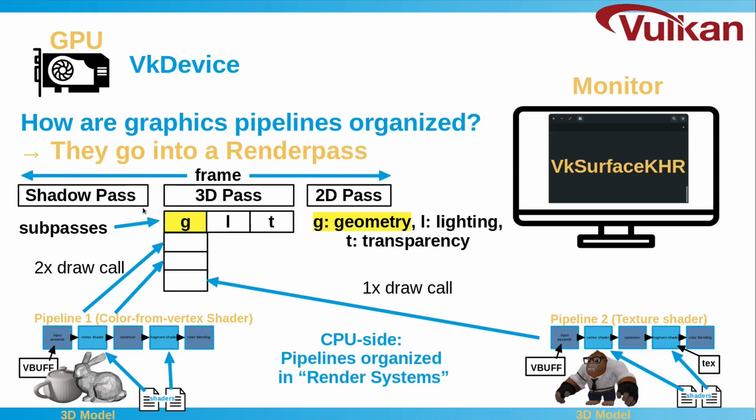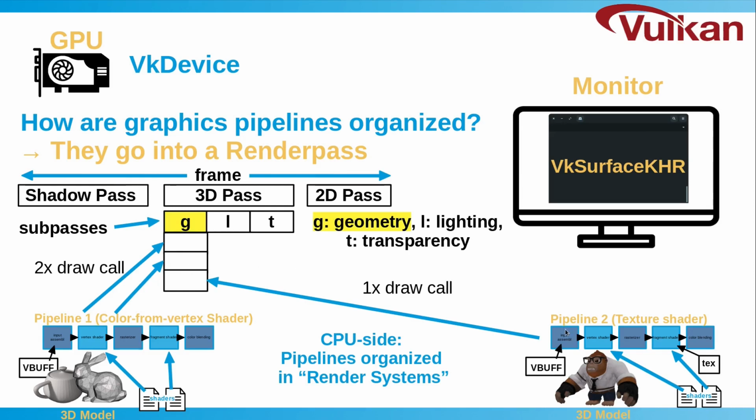So after the shadow pass, when the 3D pass starts, we will bind pipeline 1, then we will bind the vertex buffer of the teapot, and we will issue a draw call to pipeline 1. Then we will bind the vertex buffer of the bunny, issue another draw call to pipeline 1.